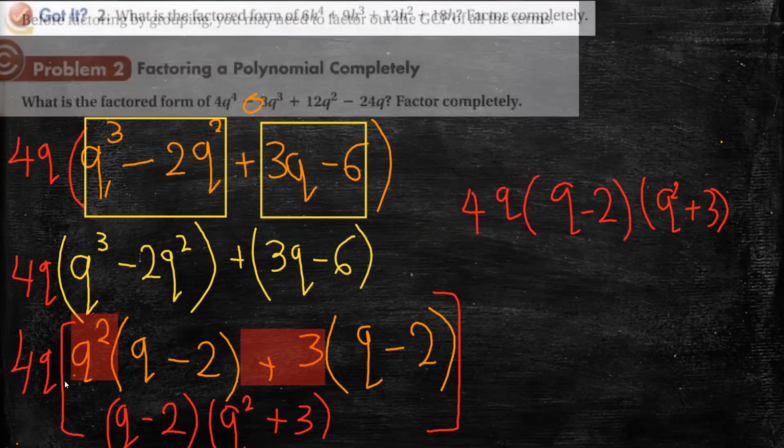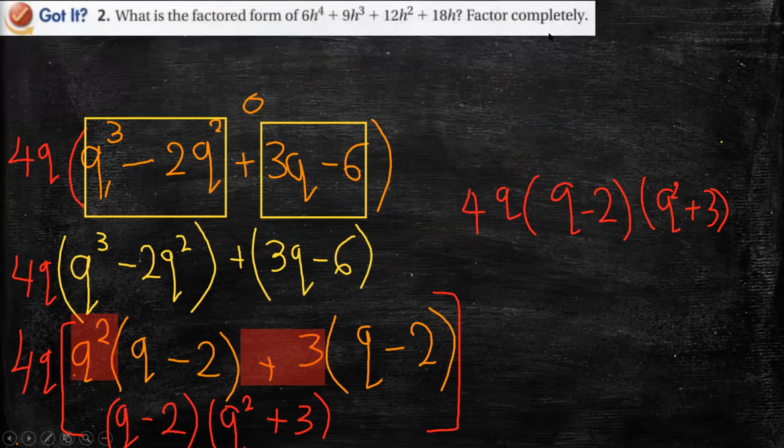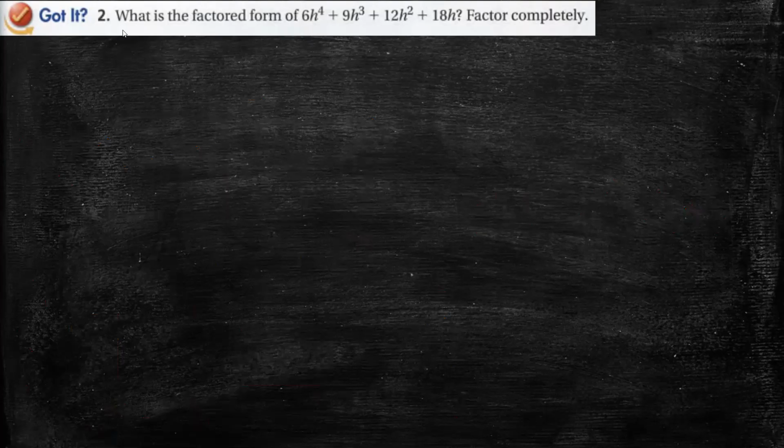Let's have another example here. What is the factored form of 6h raised to the power 4 plus 9h cubic plus 12h squared plus 18h? Factor completely.